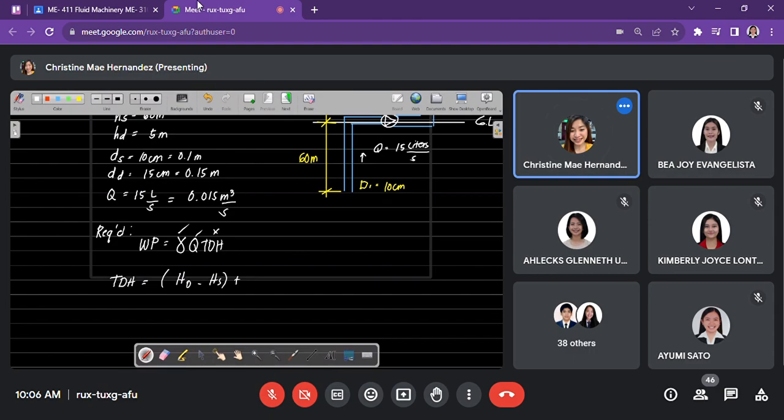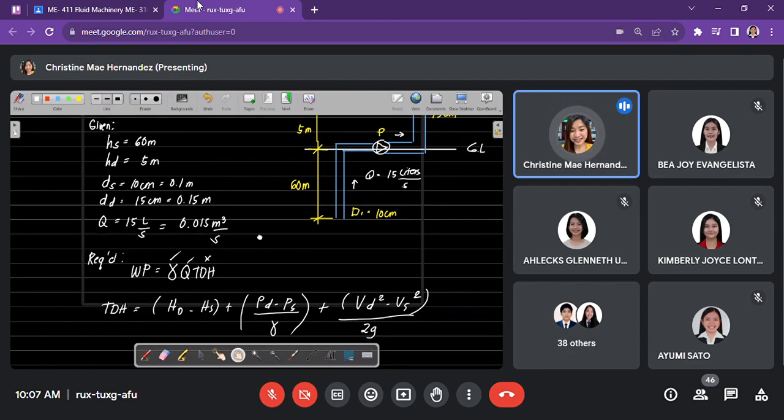plus yung atin namang pressure heads. So, siya ay PD minus PS over specific weight, plus yung ating velocity head, which is velocity at the discharge squared minus velocity at the suction squared over 2 times gravitational acceleration.